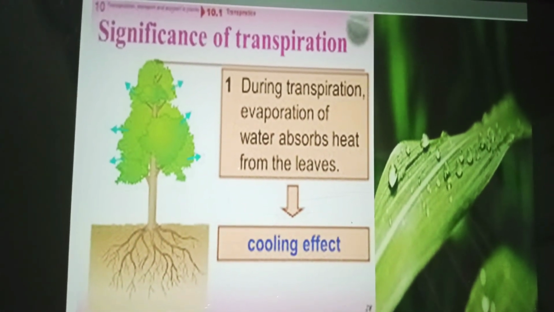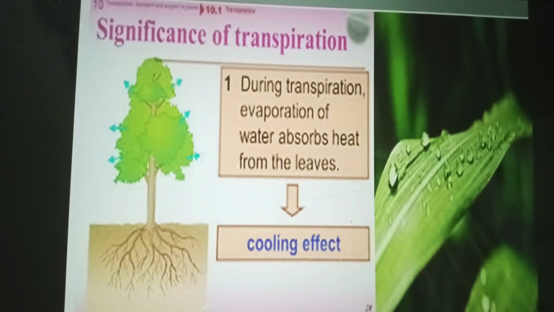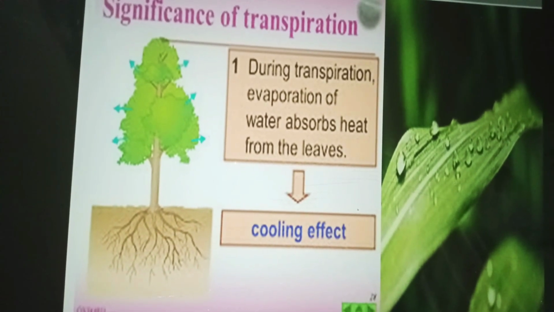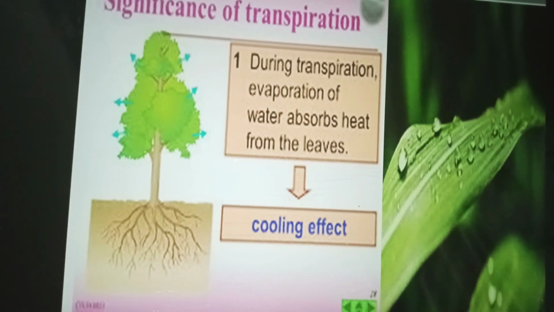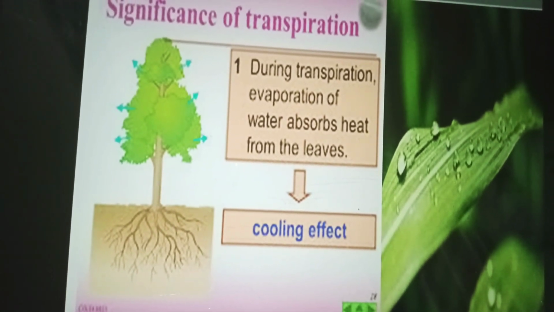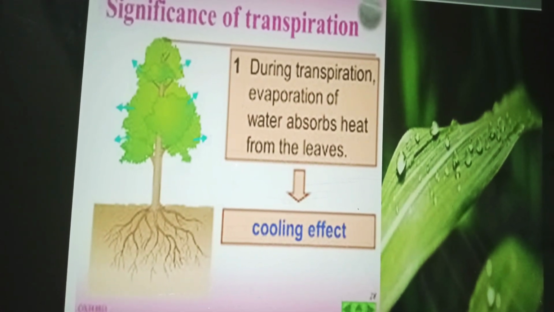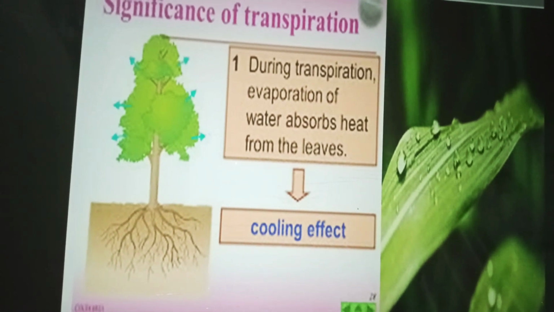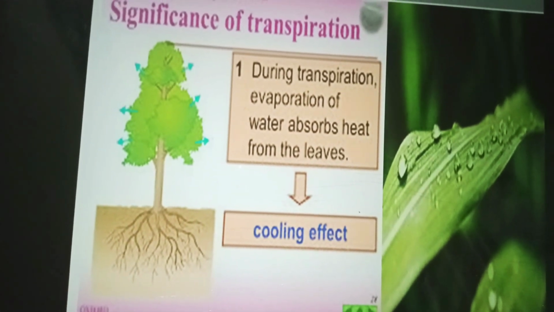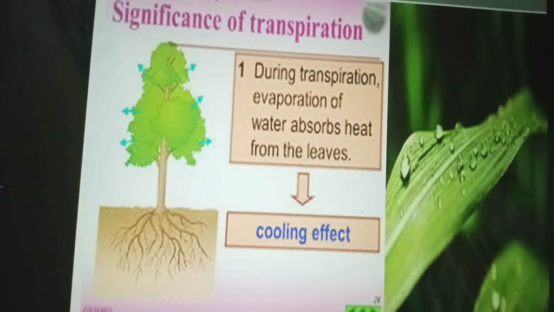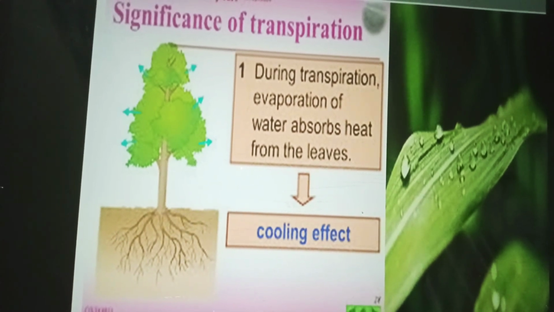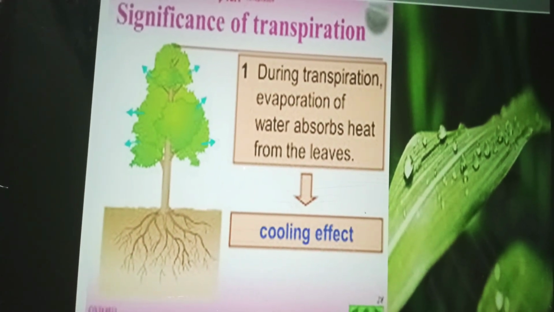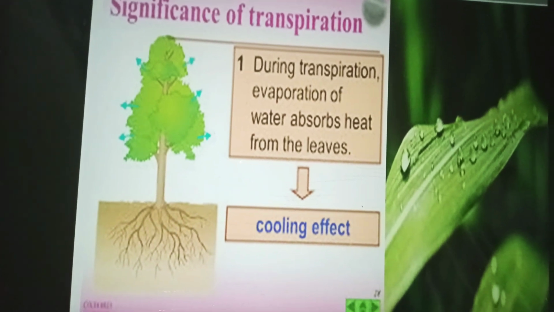This is especially important in warmer environments. Moreover, the wet surfaces of leaf cells allow gaseous exchange. There is strong evidence that even mild water stress results in reduced growth rate in plants.